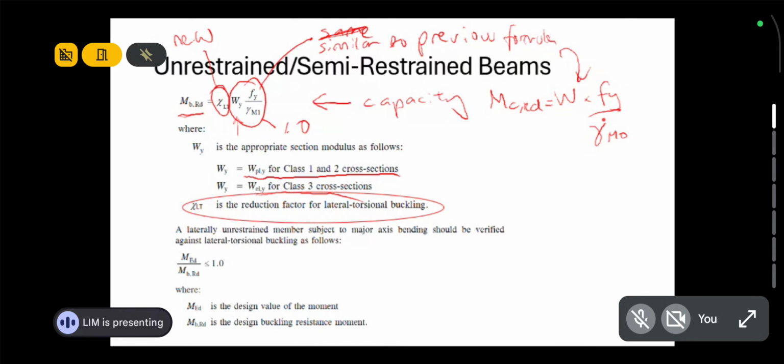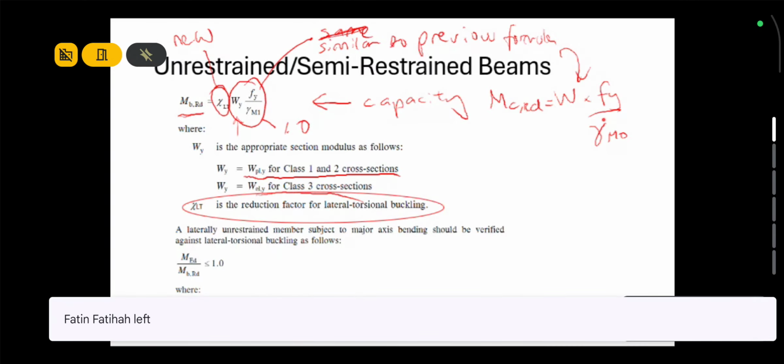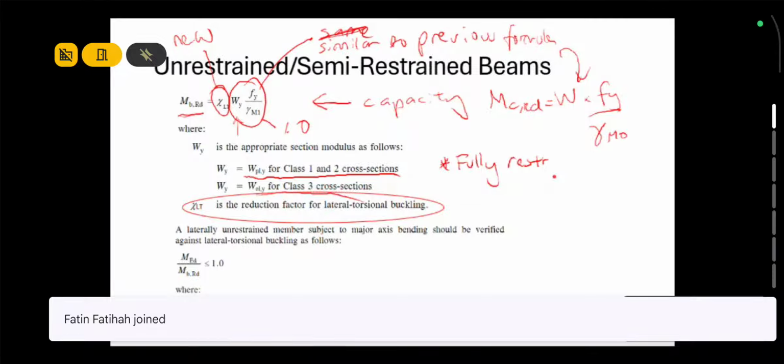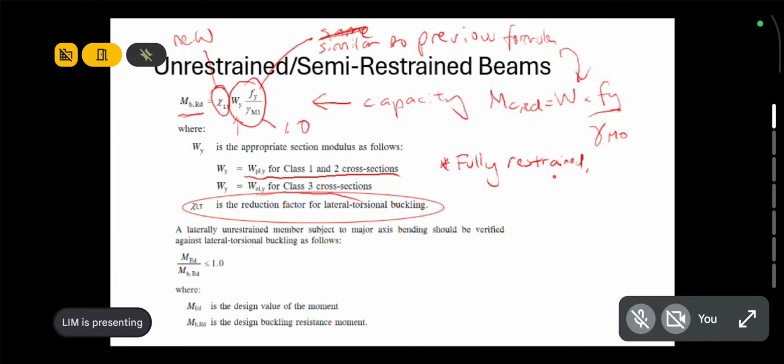Okay, XLT. So what is XLT? I circled it down there. XLT is the reduction factor for lateral torsional buckling. So basically what it means is, if your beam is fully restrained, your moment capacity is W times Fy divided by gamma M. All right.